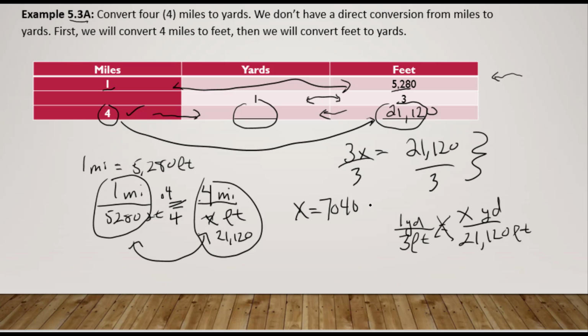And that would be yards. So I could put that up here. And that's yards. So that's the example there, and this is how we use a ratio table for conversions.